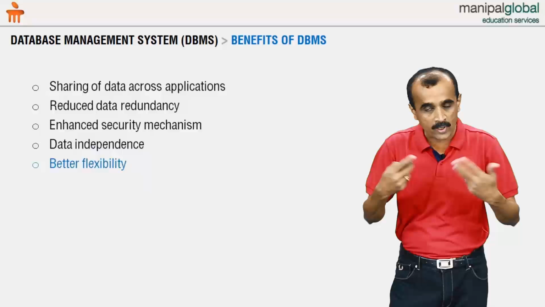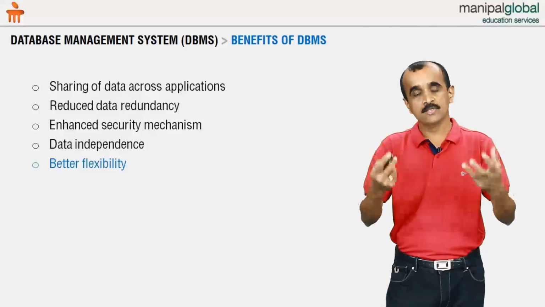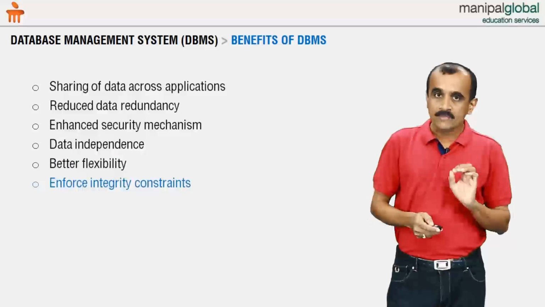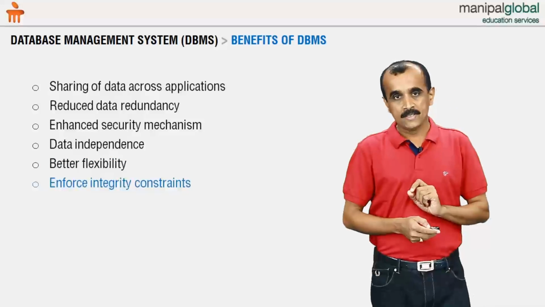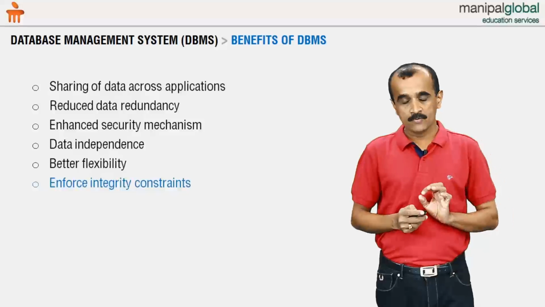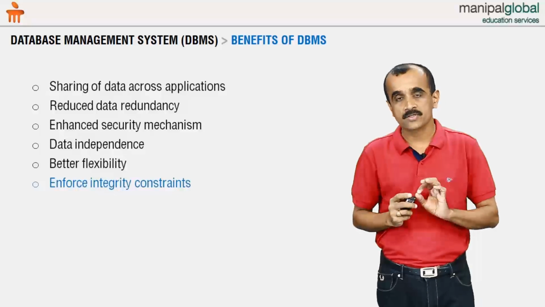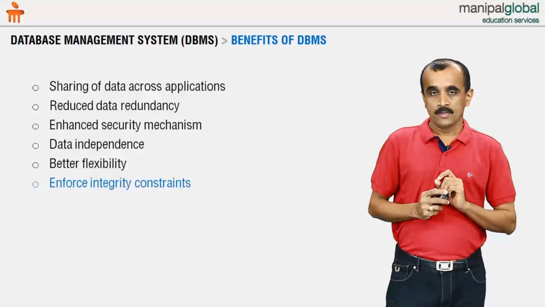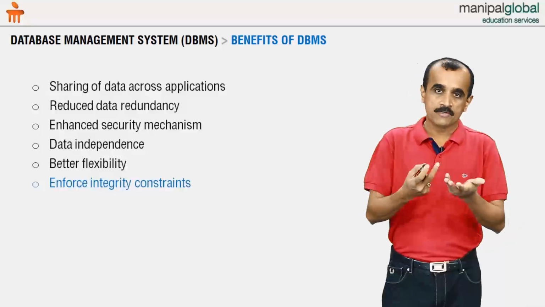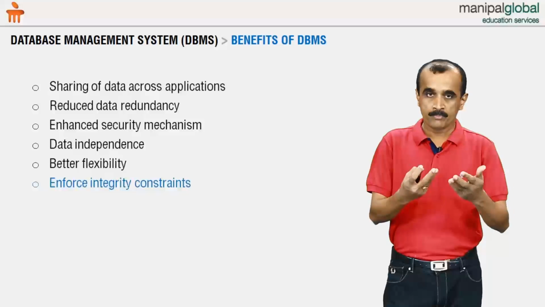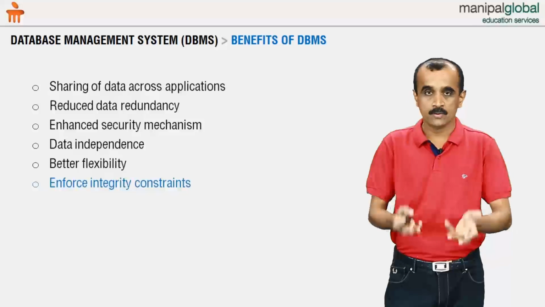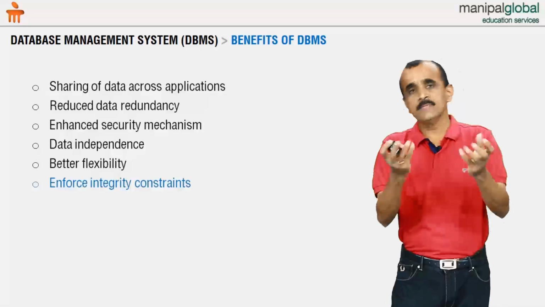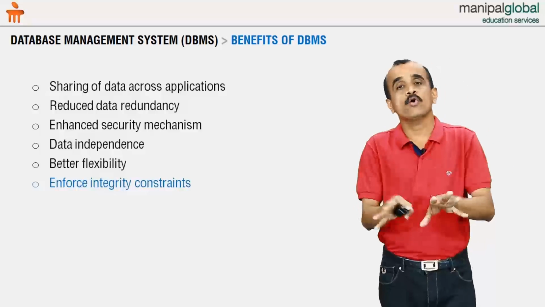Hence it certainly provides better flexibility for applications when they are storing or retrieving the data. One of the points when it comes to databases is what we call integrity constraints. A simple example: when I enter a customer's name and address and so on, if I am in a hurry, I may miss something or enter wrong values.